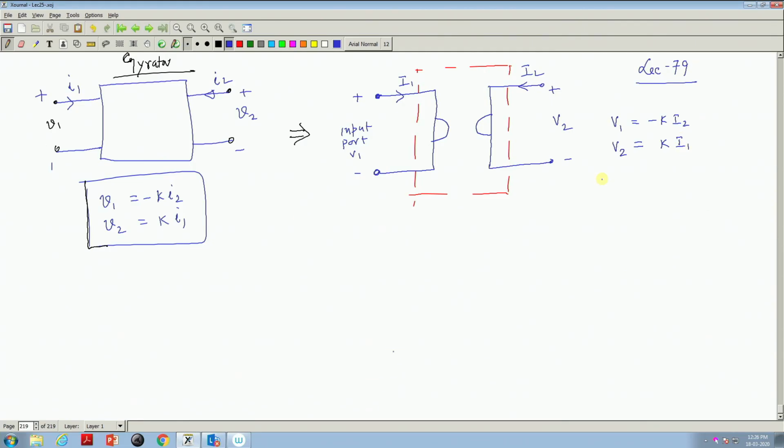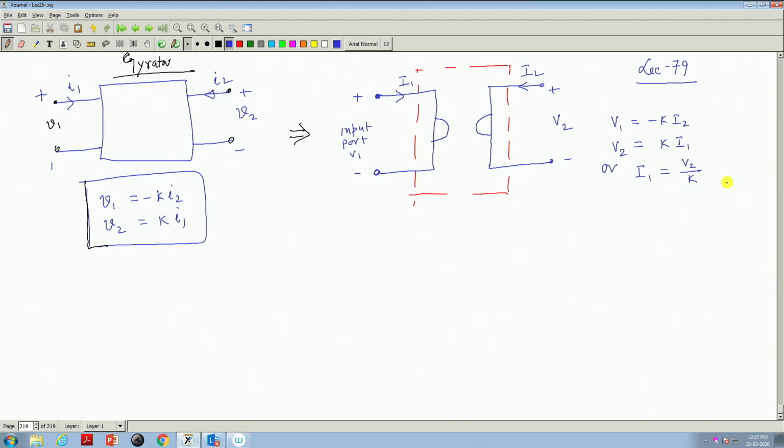Now, I have explained to you how an inductor gets converted into a capacitor, or a capacitor connected at the secondary port will look like an inductor. These things we have done, but let us do it mathematically in just one step. From this equation, I1 is V2 by k.